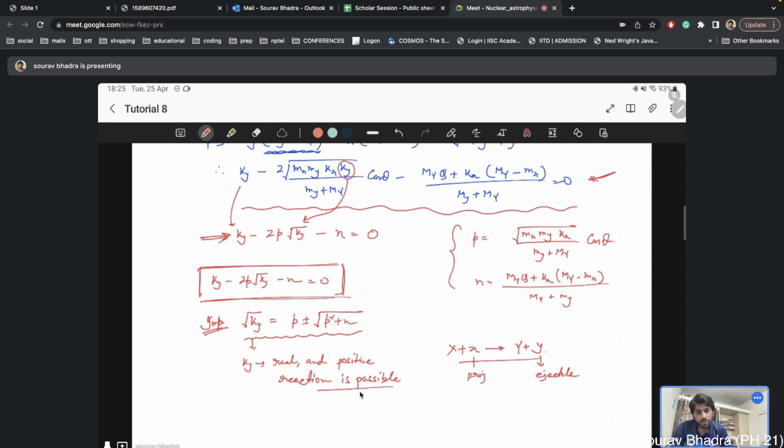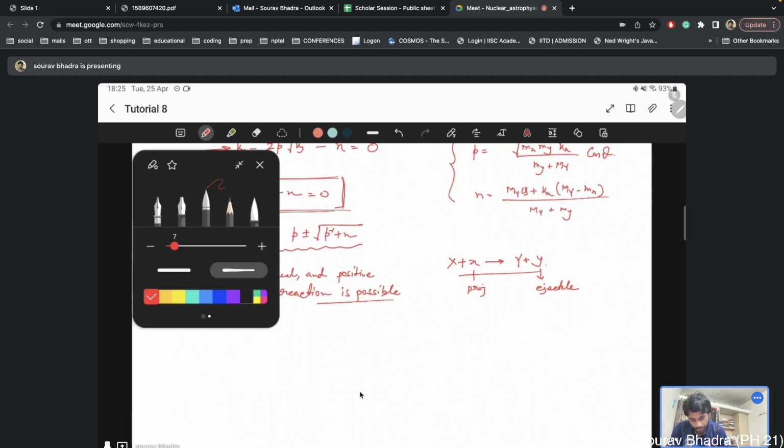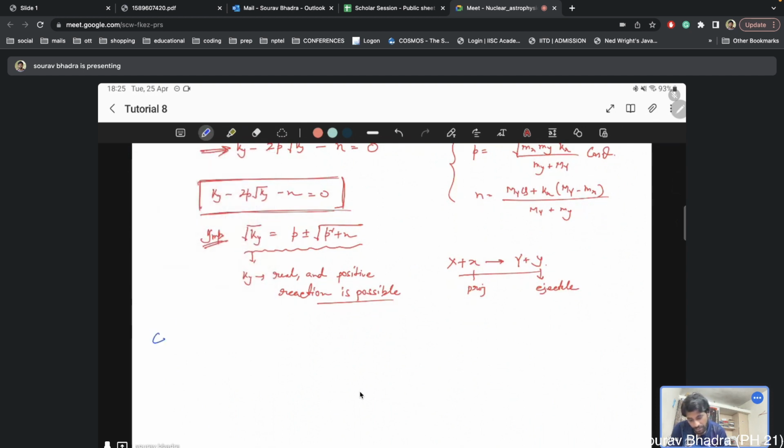Now, we will consider some of the cases, let me go to the blue. So, case 1. For case 1 we will consider q greater than 0, that means the q value is greater than 0, and under this case Roman 1 we will consider two more cases.